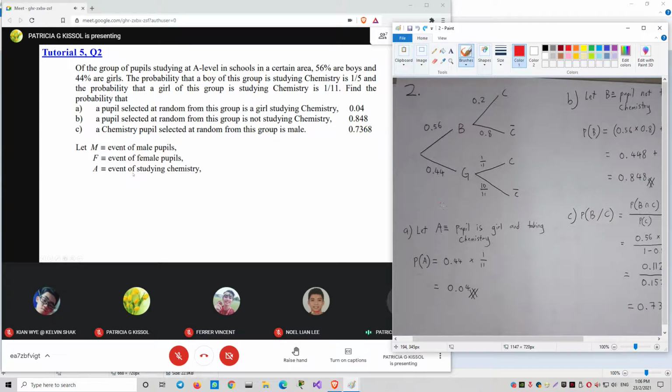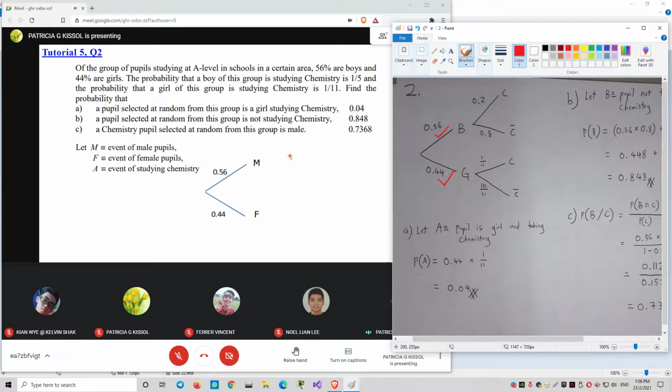Once we have identified that, for this question, I would suggest drawing a probability tree. Because 56% are boys and 44% are girls, this is the first branch: 0.56 corresponds to 56% and 0.44 corresponds to 44%.